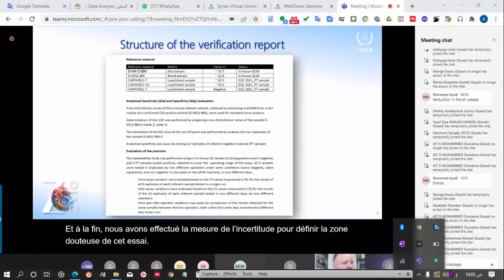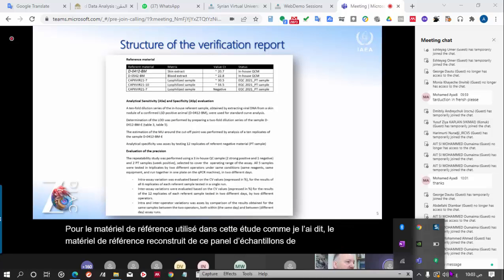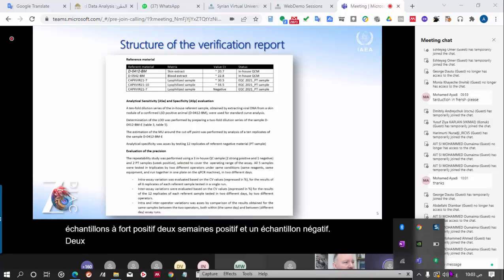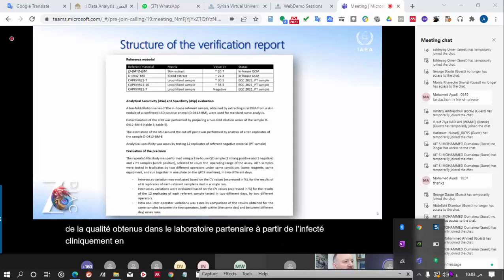For the reference material used in this study, as I said, we constructed a panel of 5 samples: 2 strong positive, 2 weak positive, and 1 negative sample. The 2 strong positive samples were in-house quality control materials obtained in the partner laboratory from clinically, actually naturally, infected and confirmed lumpy skin disease animals.